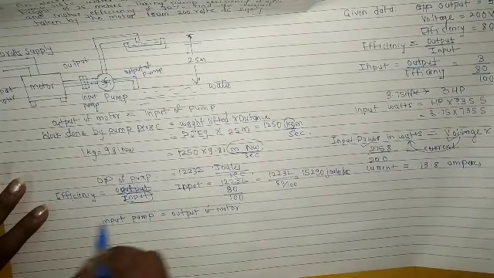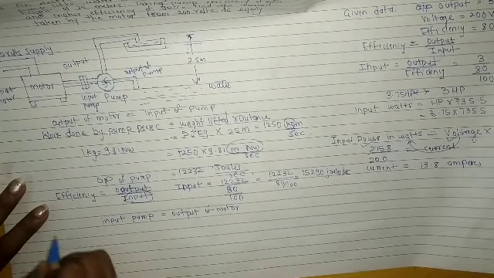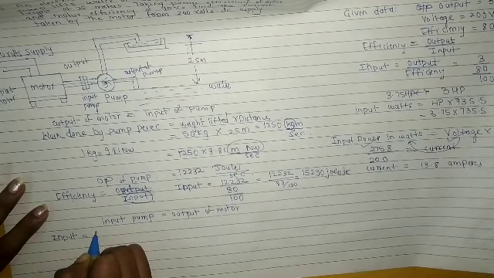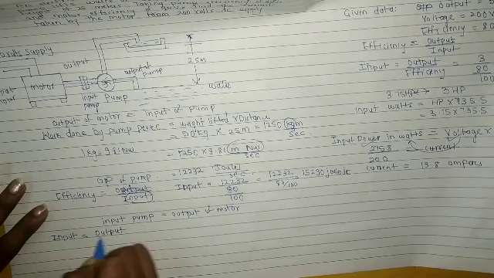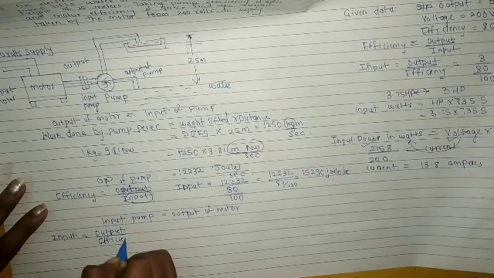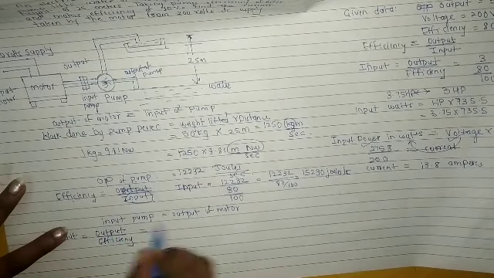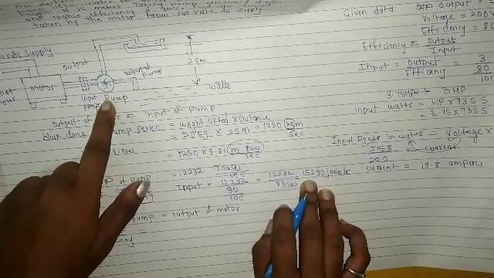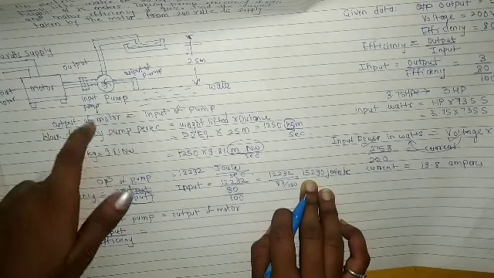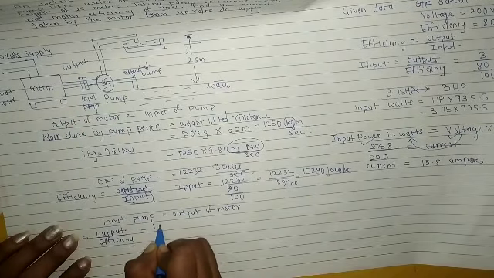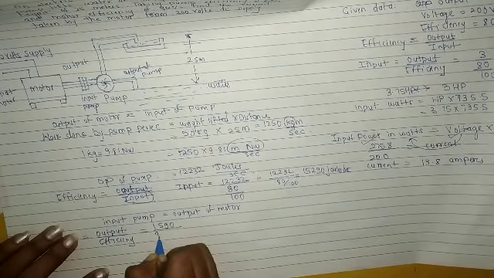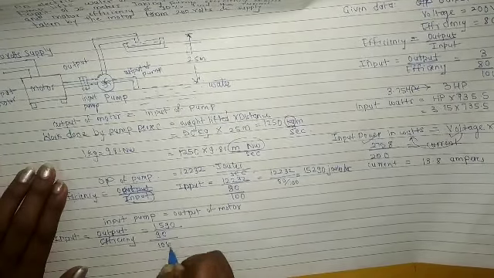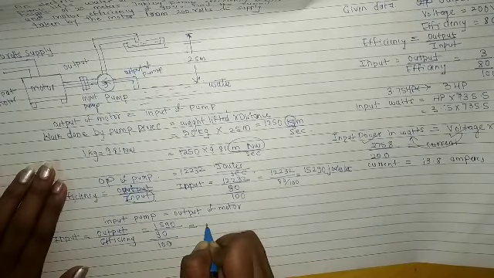From this efficiency, input is equal to output divided by efficiency. Here the output is 15290, the input of the pump, which is equal to the output of the motor, divided by 90, the efficiency of the motor, that is 90 divided by 100.